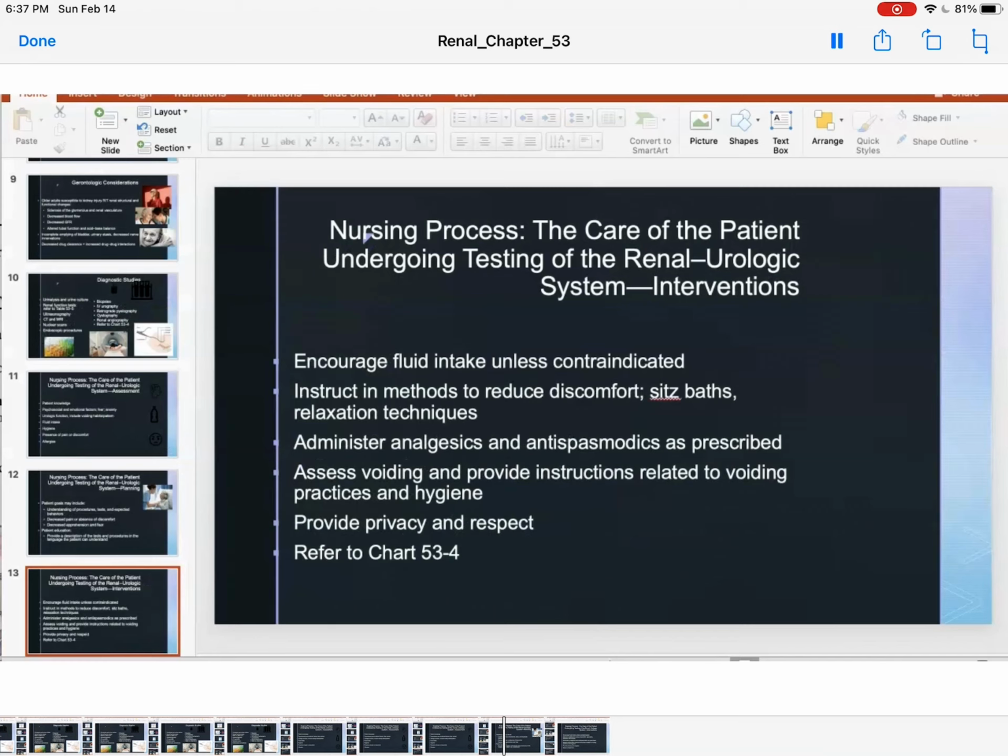More considerations. Encouraging fluid intake unless it's contraindicated. Instructing the methods to reduce discomfort, such as sitz baths, also relaxation techniques that can be used.